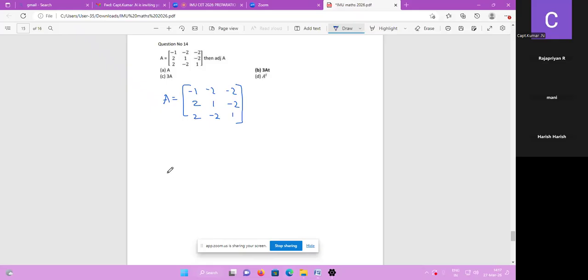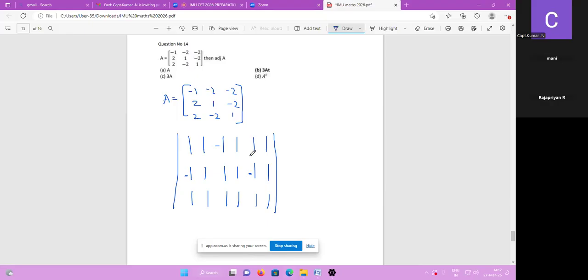Okay, so adjoint means, in my school, my teachers told me to draw this kind of 3 steps. You follow whatever way you want. I follow this. This looks easy for me. Anyway, both are equal, but this looks easy for me. So I'll put minus here, minus here, minus here, and minus here.